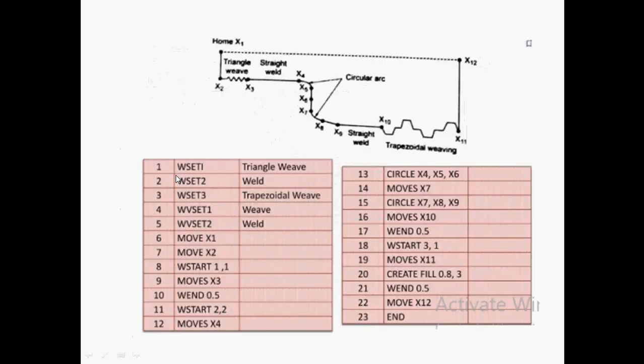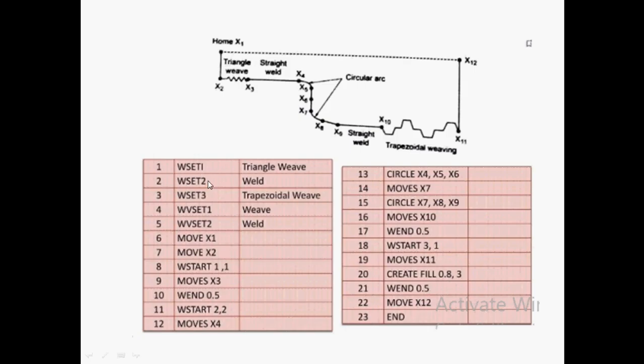Maybe a discussion on that. First of all, W set 1, because every time we are changing the profile, that is the traveling view. Sometimes we change in a circular pattern, sometimes in a trapezoidal path. So these three weaving conditions we operate at that level, that is W set 1, W set 2, W set 3. First of all we discuss W set 1. What is meant by W set 1?